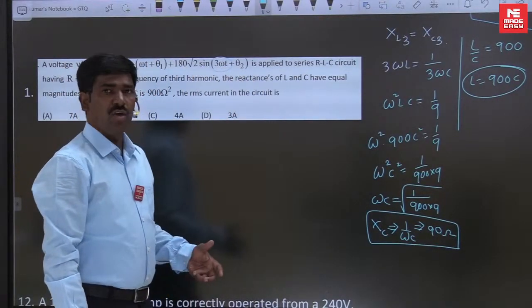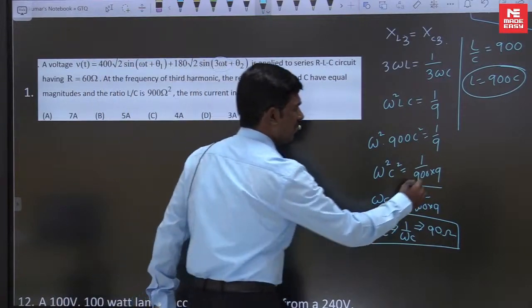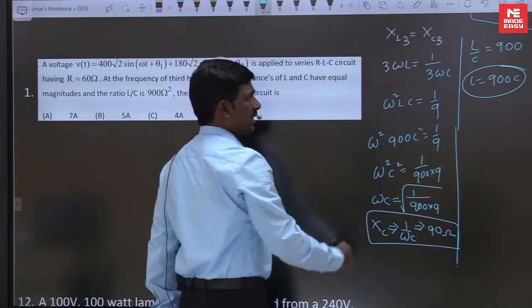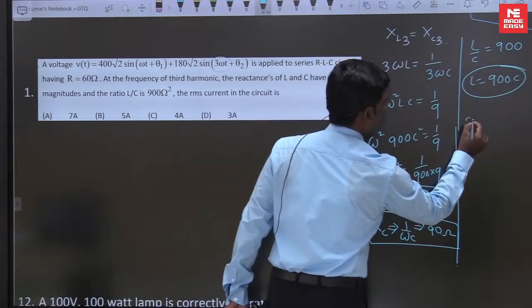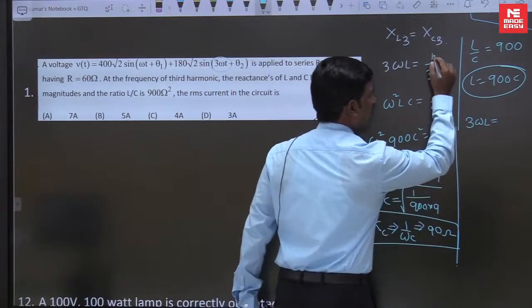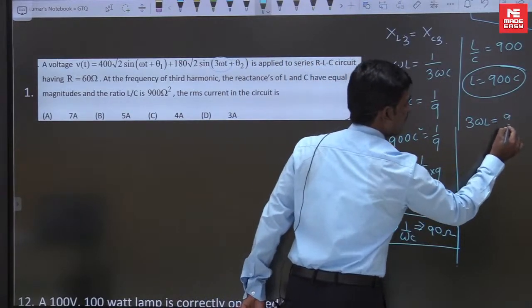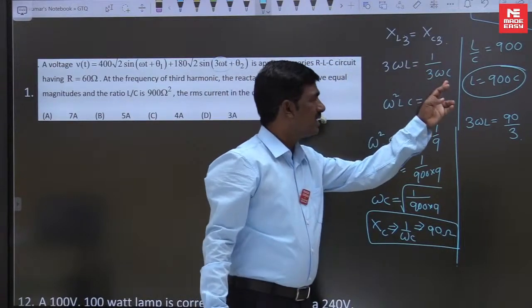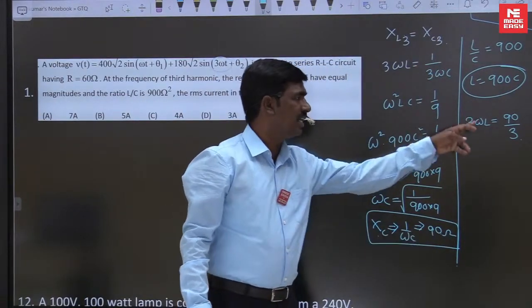Next, the XL value you have to find out. How to find XL from this? Here 3 omega L is equal to 1 by 3 omega C. 1 by omega C is XC, and XC value is 90, so 90 by 3.